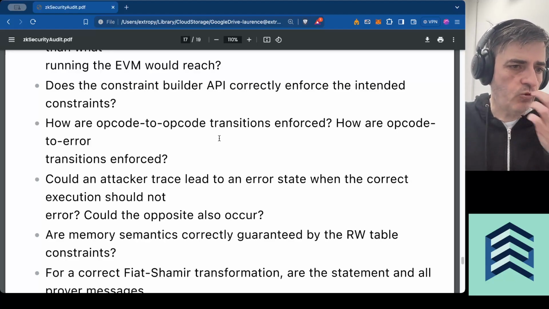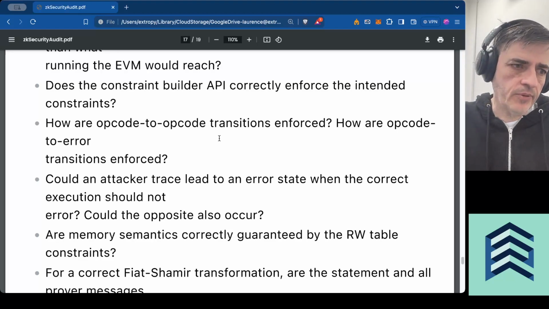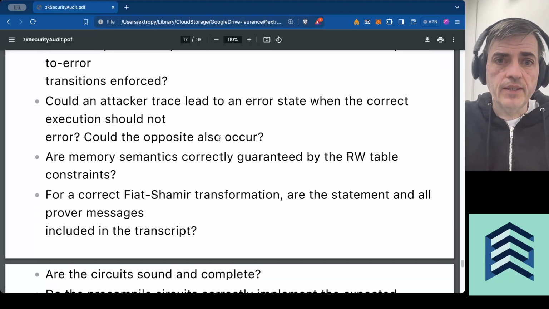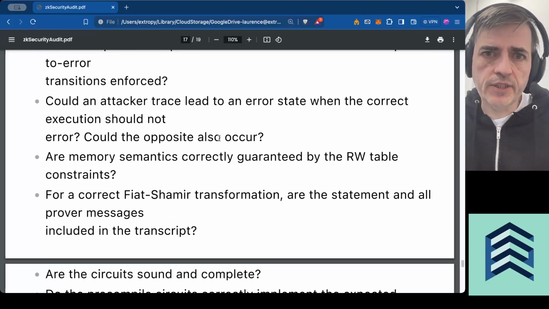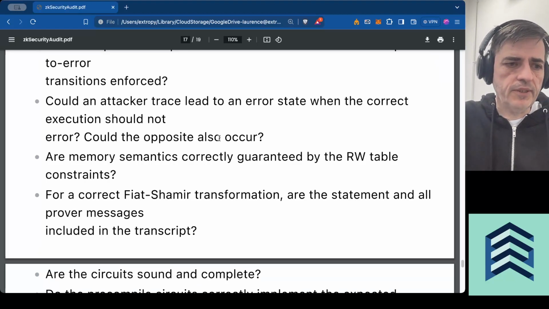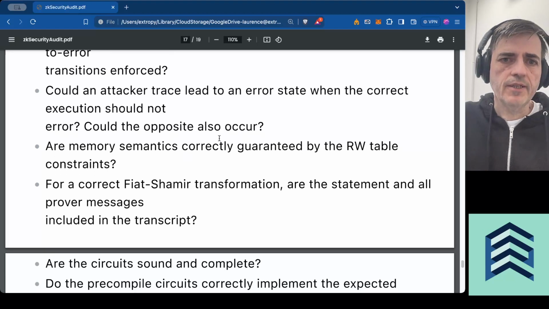Are we actually reading the bytecode correctly and stepping through the bytecode in the correct way? Of course, we should be looking at error states as well, whether that means that we have produced an error when we shouldn't, or we haven't produced an error when we should. We need to check that.